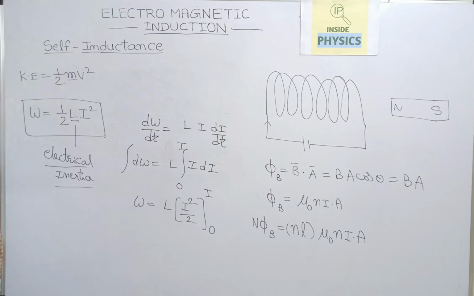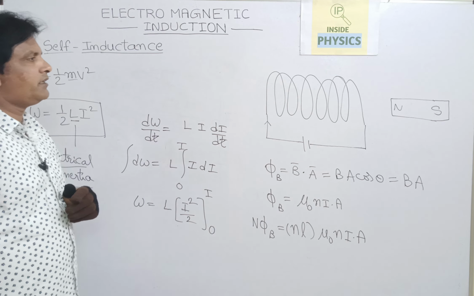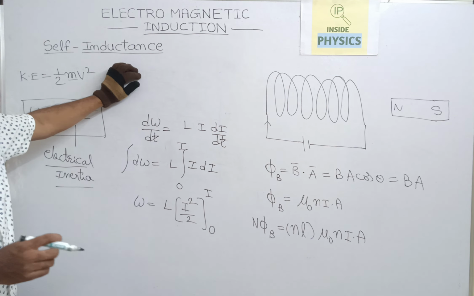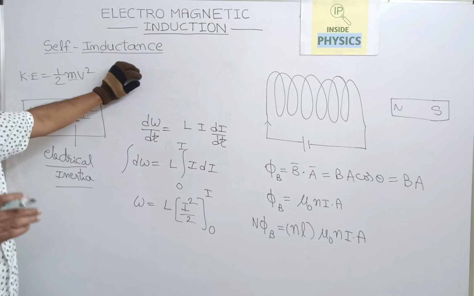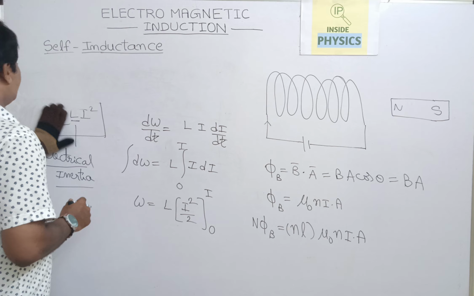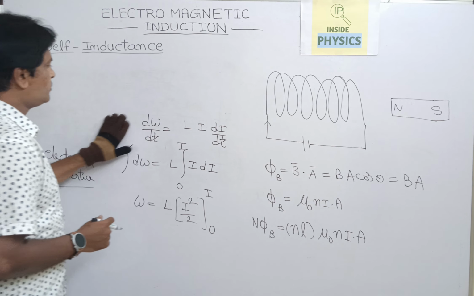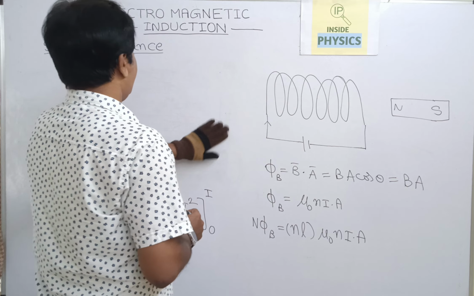Okay, so this is the concept with a single solenoid. If you have two solenoids which are mutually inducing an EMF in each other, then how do we approach that situation? If we have two coils, there is always a first coil and a second coil.